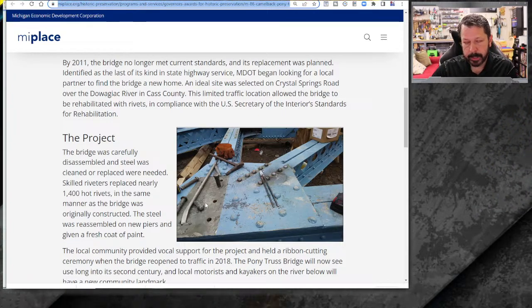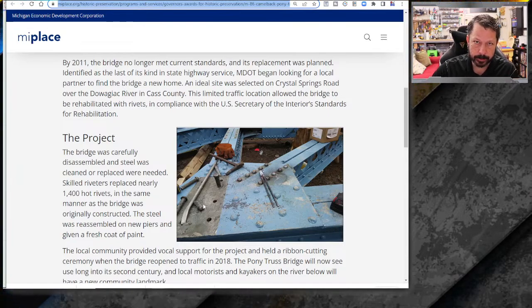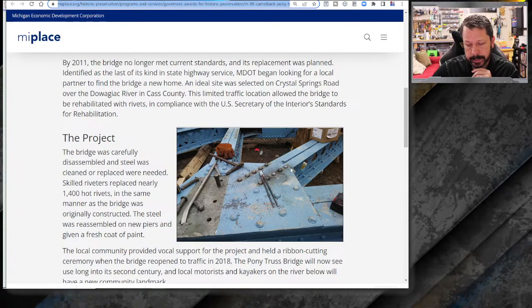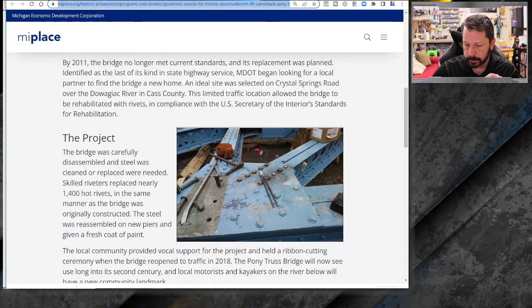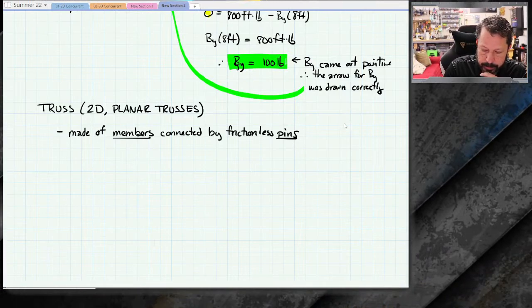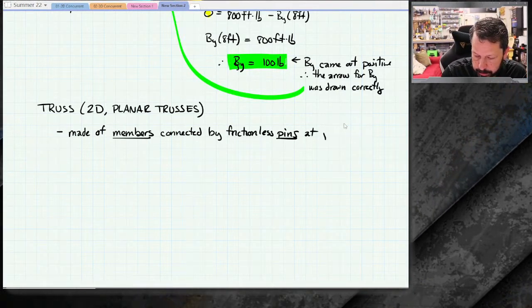And so that imaginary pin, the frictionless pin that we're assuming is there, is right in the middle there. And so each of these joints, so that's another key word, are made of members connected by frictionless pins at joints.